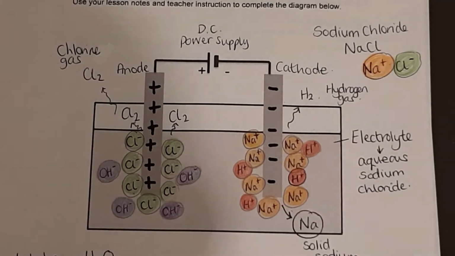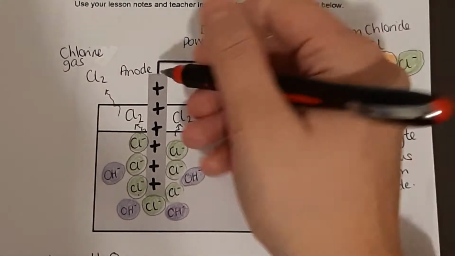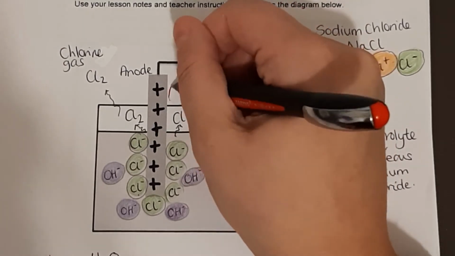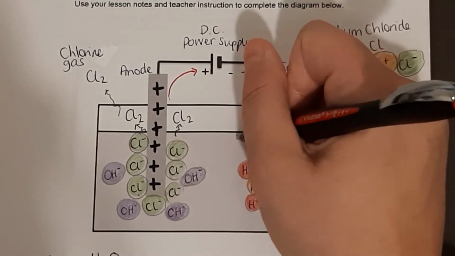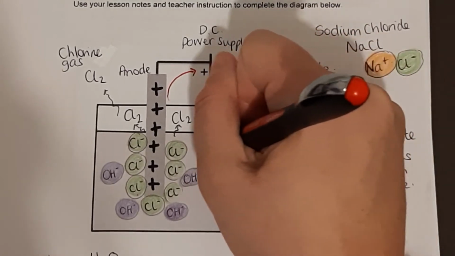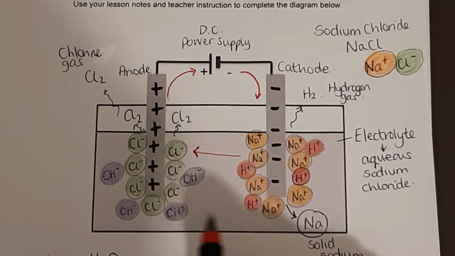Now, remembering the travel of electrons, let's put that in. Our electrons are travelling towards the positive terminal. So our current is going this way, and our electrons in the liquid are going this way. Our negative charges are moving in this direction.